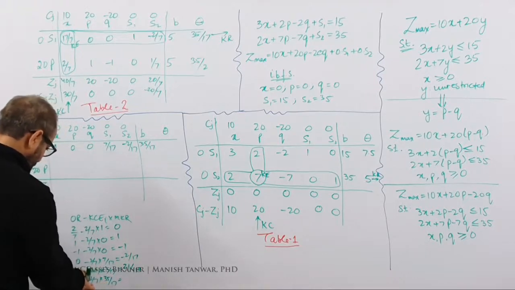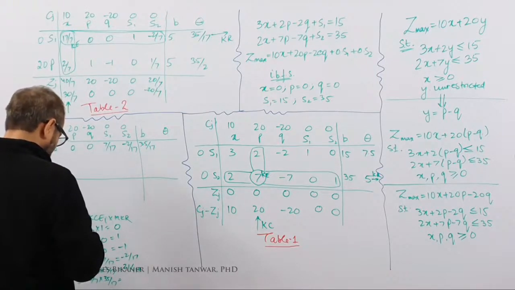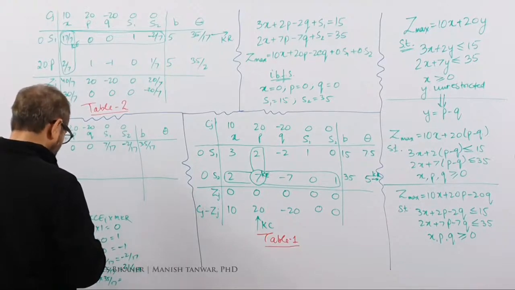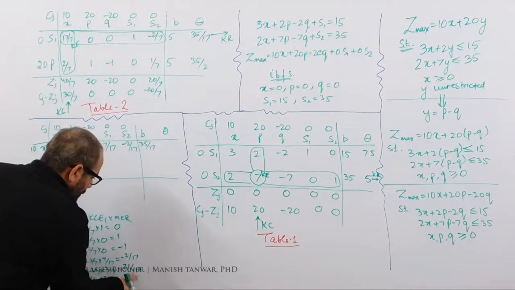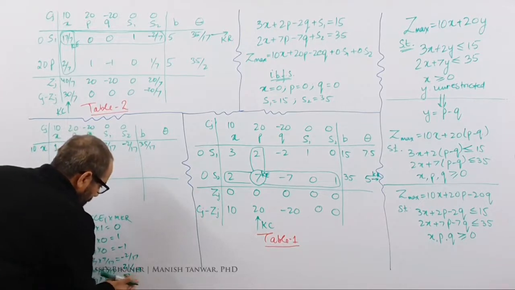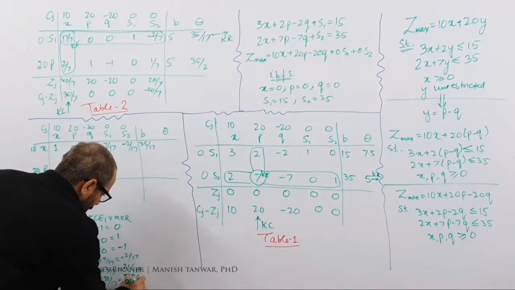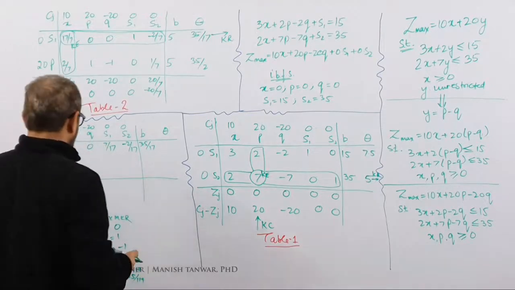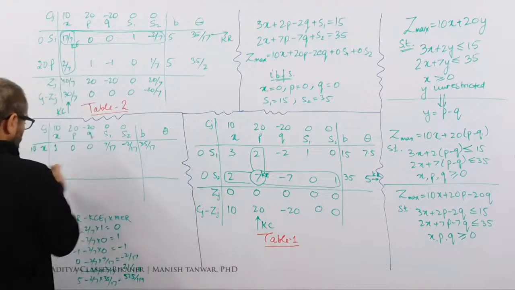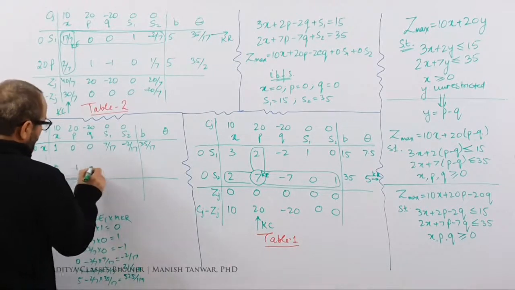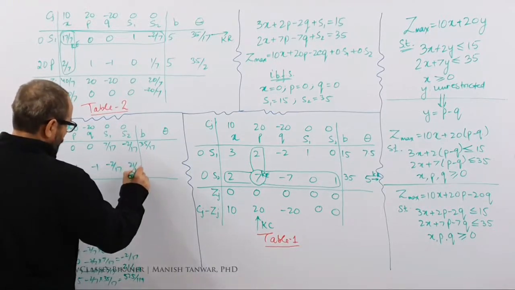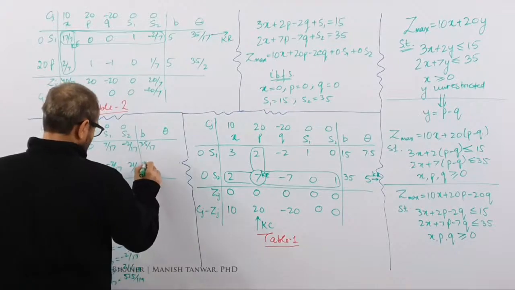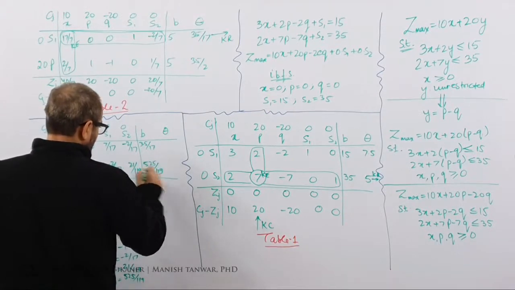And then this one would be 119 multiplied by 5. 595 minus 70. 525. 525 upon 119. So this is our new row. We have a 0, 1, minus 1, minus 2 by 17, 21 by 119, and last is 525 by 119.